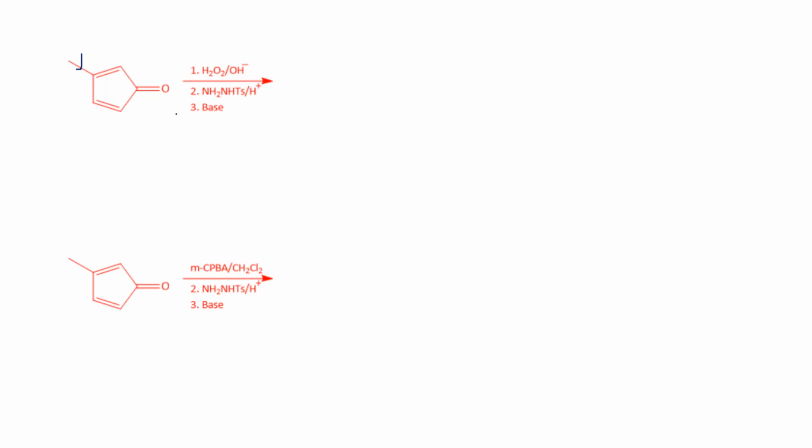So this is more electron rich and this is more electron deficient. So whenever H2O2 and NaOH is there, which one gets epoxidized first? Obviously the lower one. And in this case the upper one.